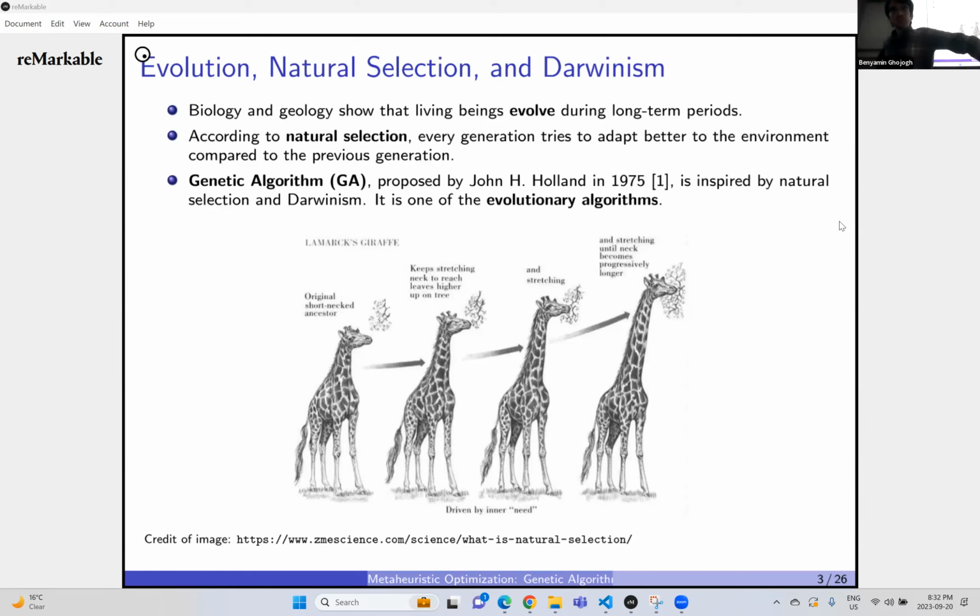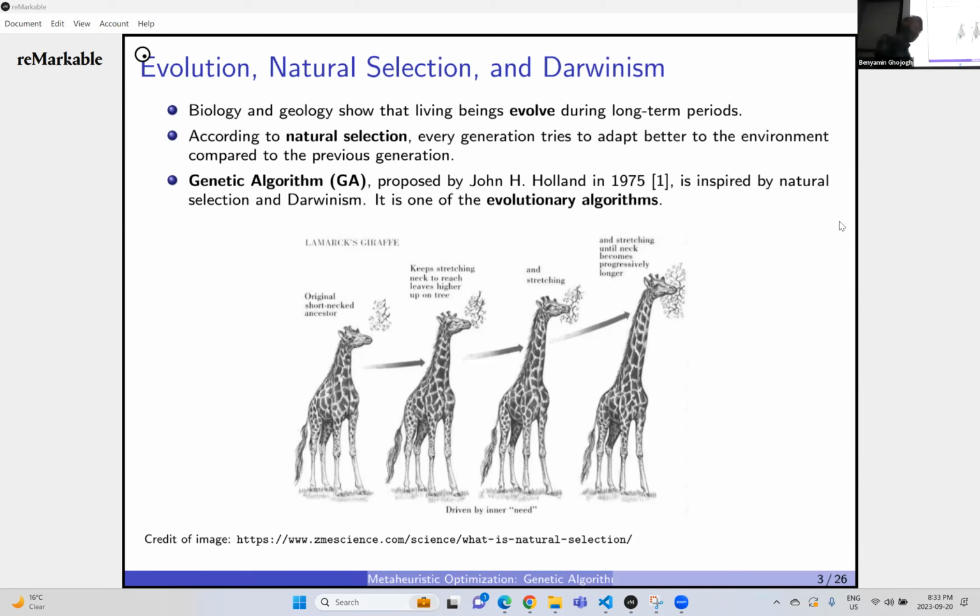One of the first people who found this out, there were at least two, but one of them was Darwin, right? That's why it's also called Darwinism. And the genetic algorithm, as is obvious from its name, is based on genetic evolution and natural selection.